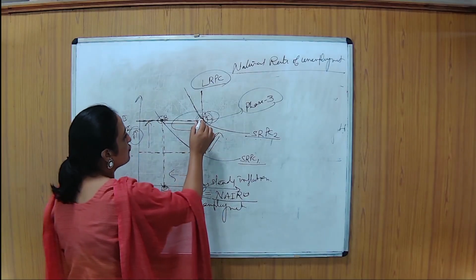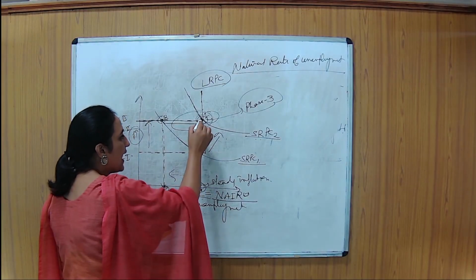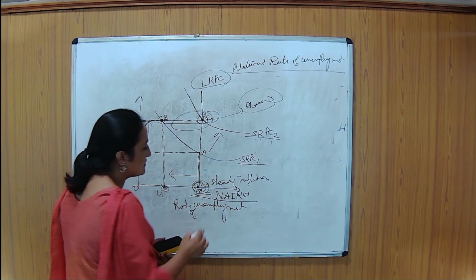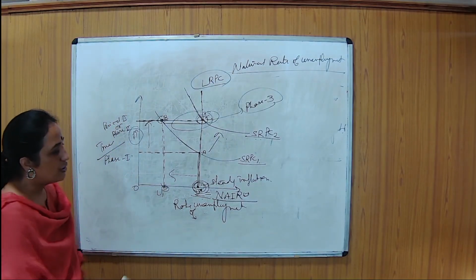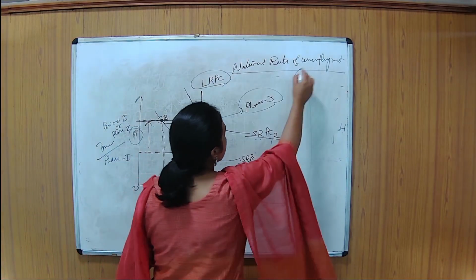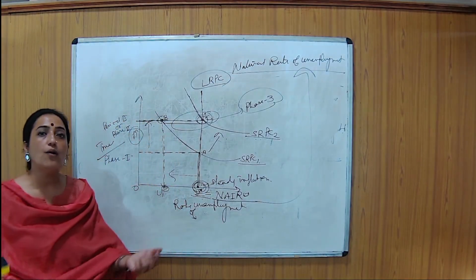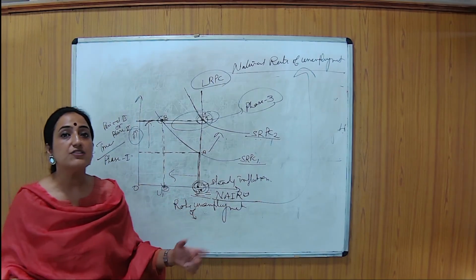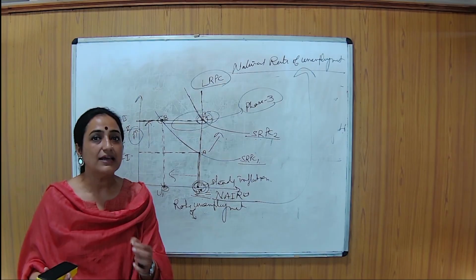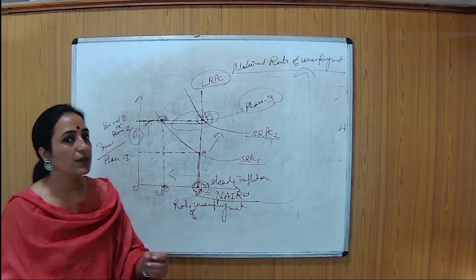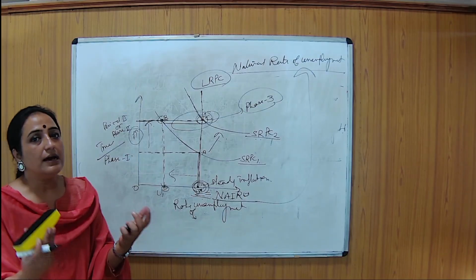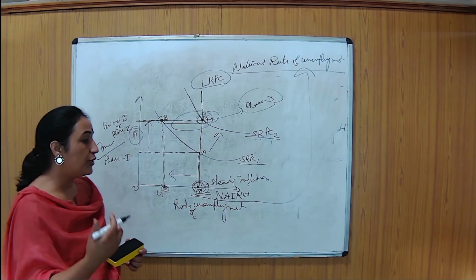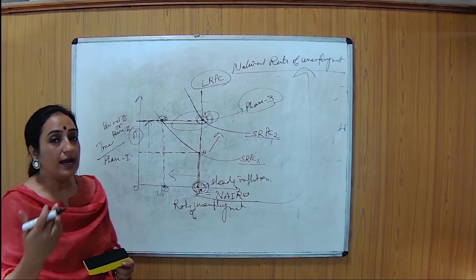At point C you can see the rate of unemployment, that is the natural rate of unemployment. So ultimately we reach the concept of the natural rate of unemployment. How does the natural rate of unemployment exist in an economy? It is due to the presence of steady and constant inflation in the economy. Naturally, every economy has some unemployment rate.